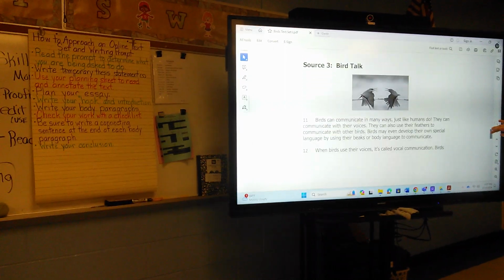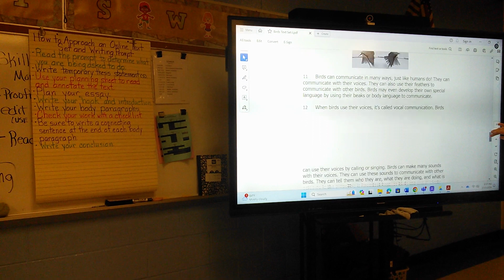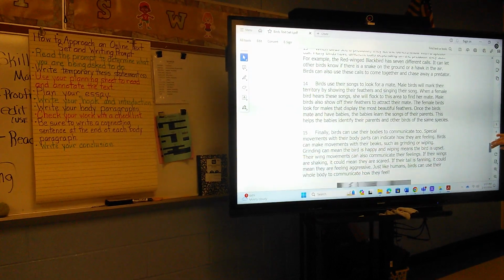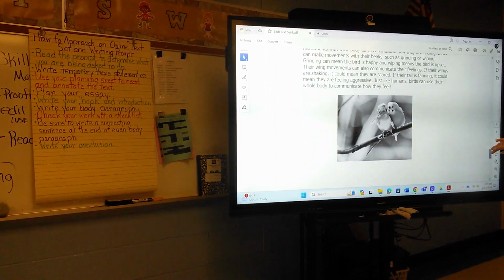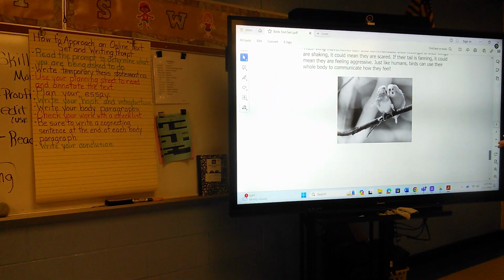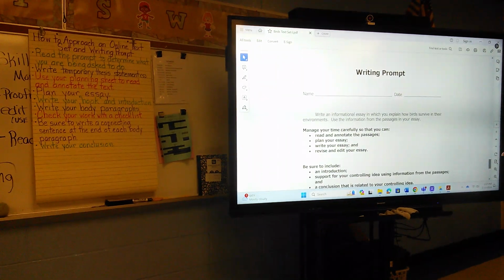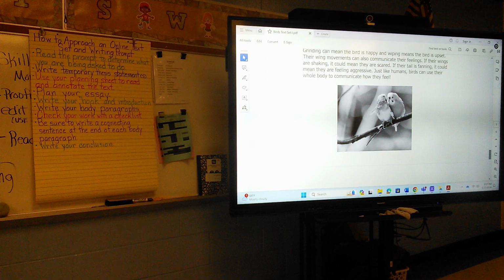We don't have headings on this one, so we really are going to have to look closely at the paragraphs to know what details we want to include. All right, and that's the end. We only have those three sources.